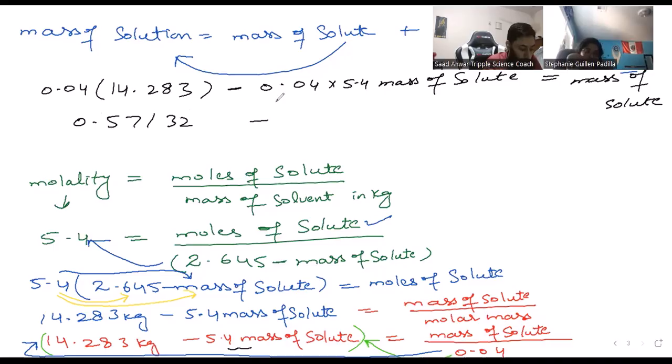When I multiply 0.04 with 5.4, this would be equal to 0.216, and this is mass of solute.